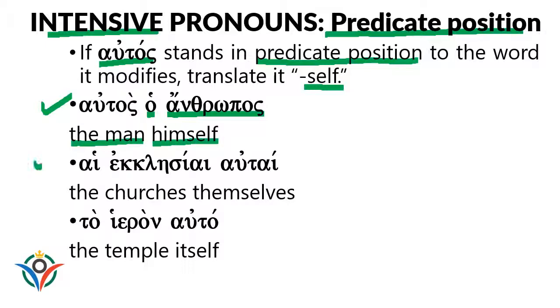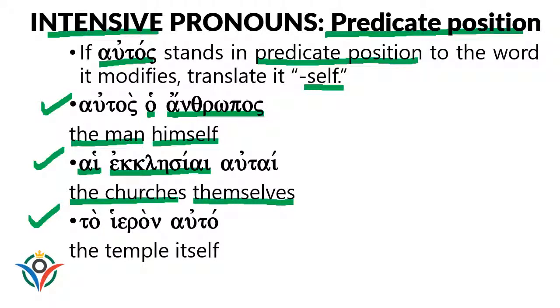The second example, we have hai ecclesiae autai. All right, so the article comes before the noun ecclesiae. All right, so we translate this as the churches themselves. And then the third example, we have ta hiron auta.